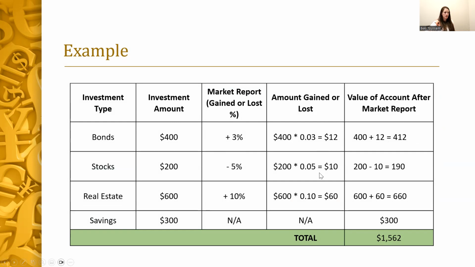And then your students need to either pay you or you are going to pay them these dollar amounts. So how much they either lost or gained. So in this case, I would pay them the $12 and the $60, but because this one was a loss, they actually have to pay me $10, and they can figure out what the math is from there.